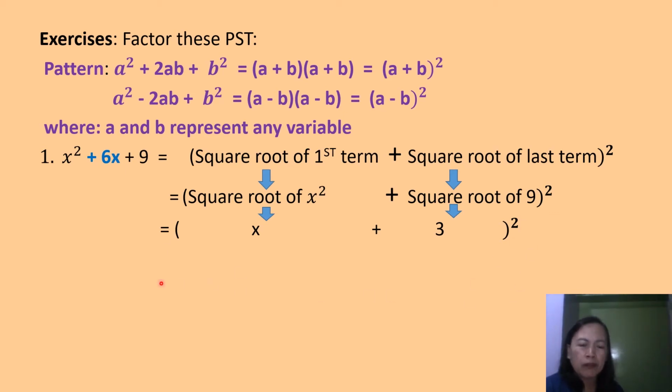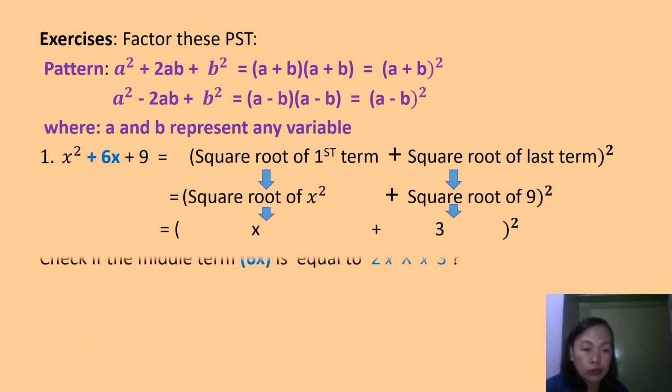But wait, ma'am, how can you be sure that those are really the factors? Alright, let's check. We have the third characteristic, right? That's the method that we use to check it.